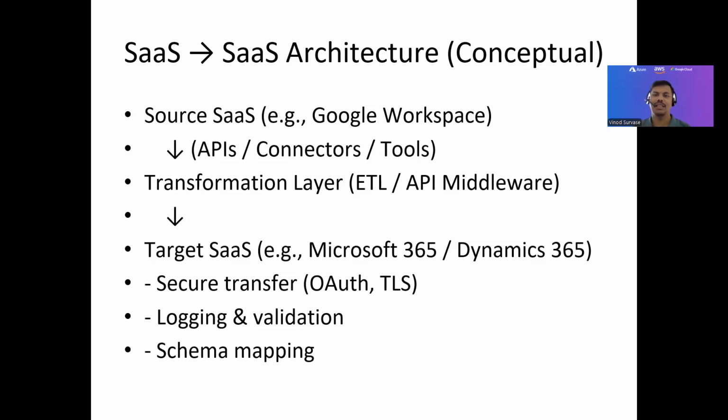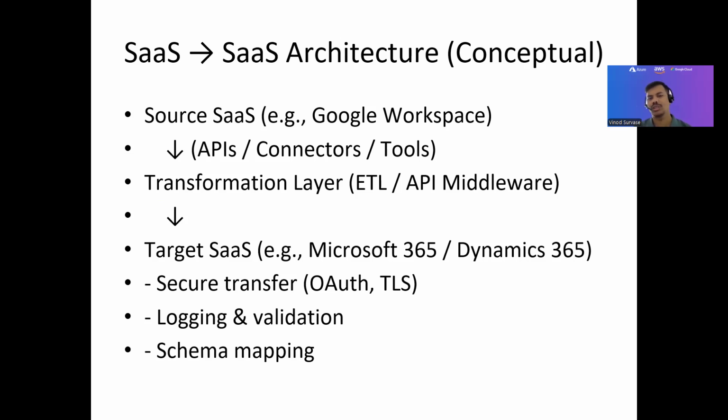This is a simple SaaS to SaaS architecture from the conceptual point of view, where we have the source SaaS, then a transformation layer, and then target SaaS-based systems. So these are the options. We can start from SaaS, maybe using APIs, connectors, or tools, as I said in the previous slide, right?